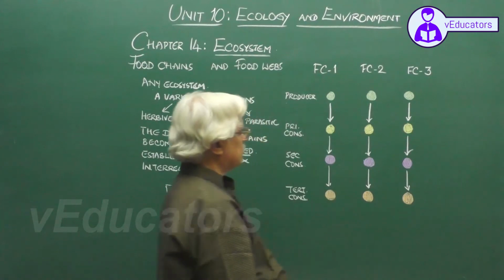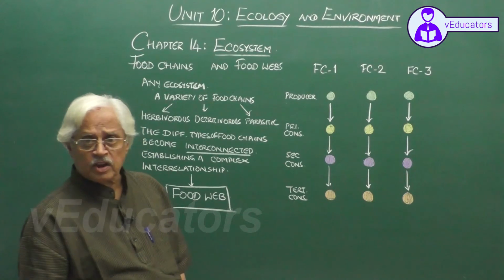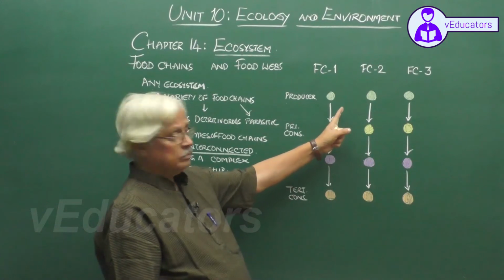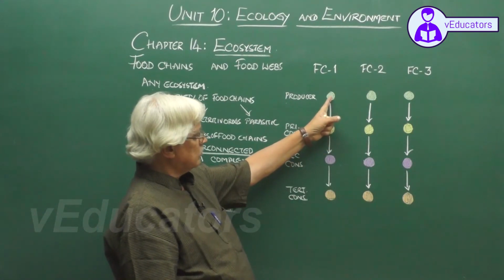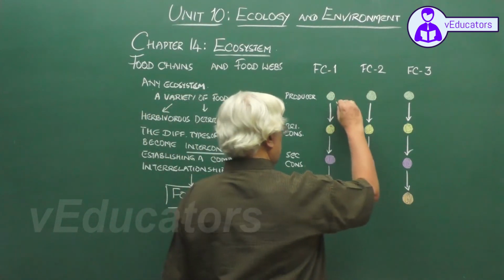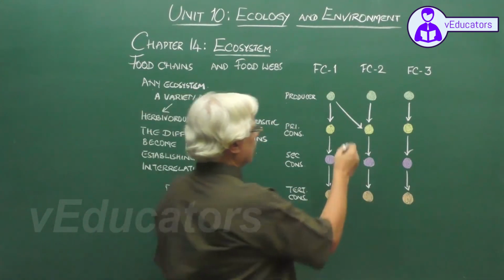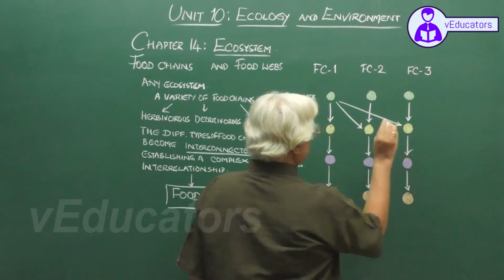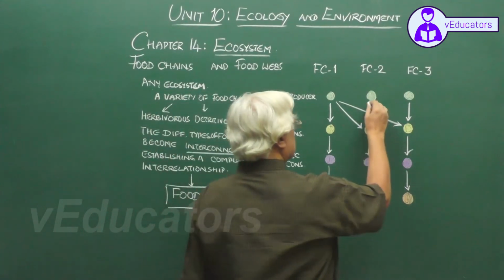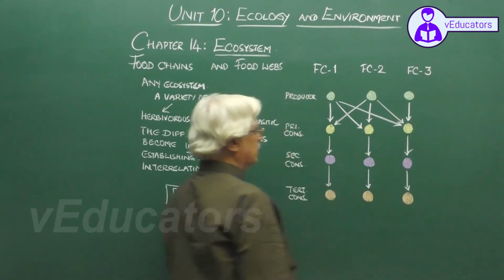So we have started with 3 food chains. In a situation like this, there is no hard and fast rule that this plant should be eaten only by this primary consumer. It can be a food for this primary consumer, or it can be a food for this primary consumer. In the same way, this plant can be eaten by this animal or this animal.